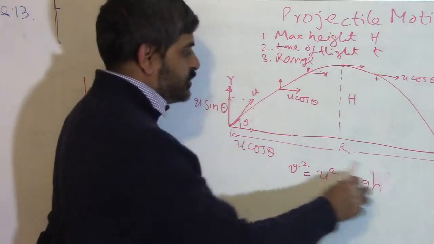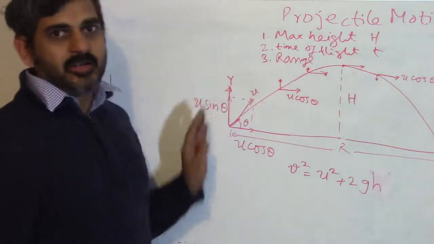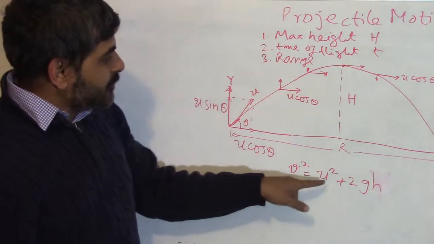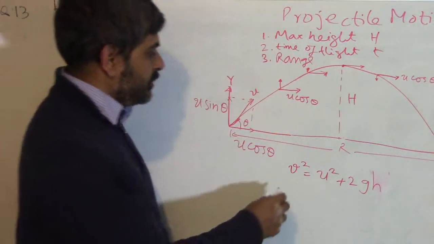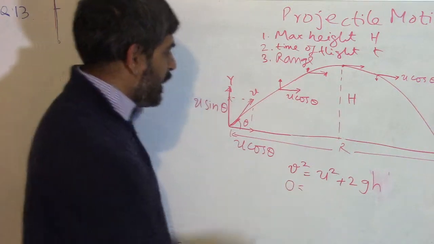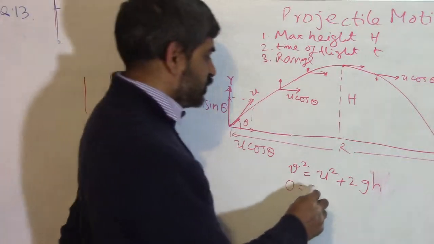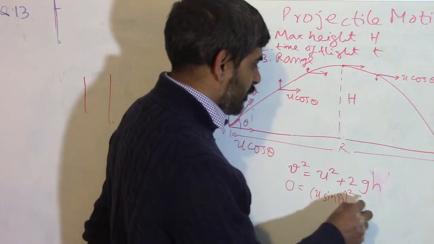If we apply this formula on this path, in the vertical direction, forget about the horizontal part. In the vertical direction, the final vertical velocity is 0 here. So we put 0 here. The initial vertical velocity is u sin theta, so you put u sin theta whole square.